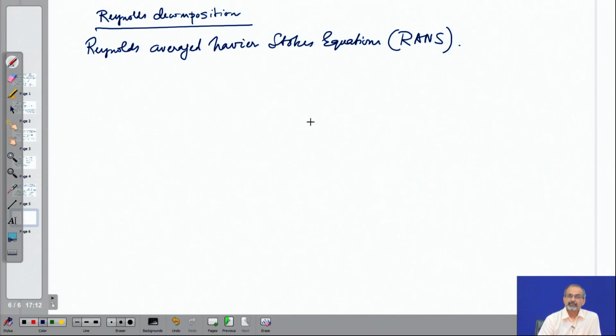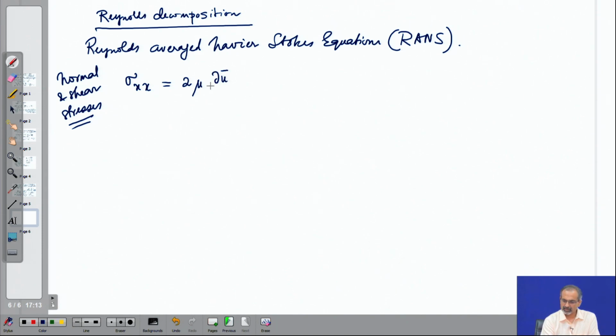And if you look at these equations, you will find that the normal and shear stresses that we learnt about earlier, where I said that we accounted for only the stresses which occur in a typically laminar flow field, are augmented here.